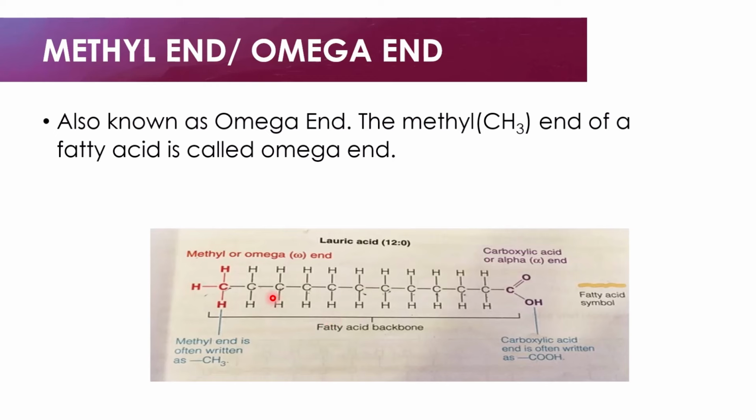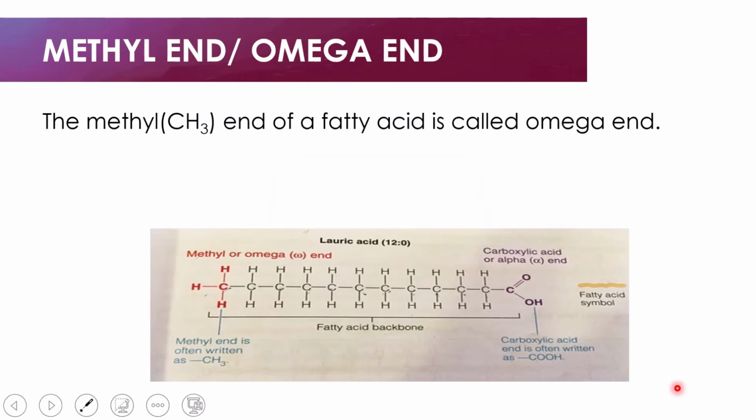As you can see over here, fatty acids are long chain hydrocarbons with a carboxylic acid or carboxyl group at one end and a methyl group at the other end. And what you have to notice is that the methyl group is called the omega group. So from this structure over here, this happens to be the omega end of our fatty acids.